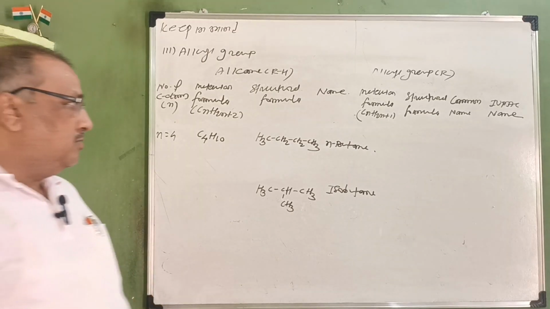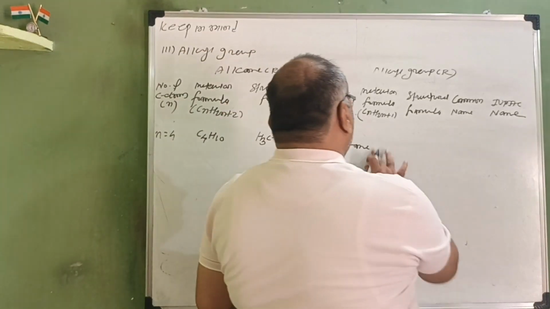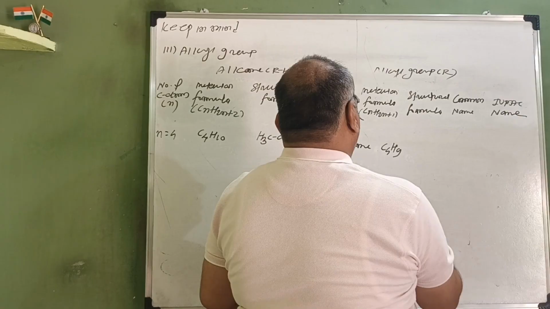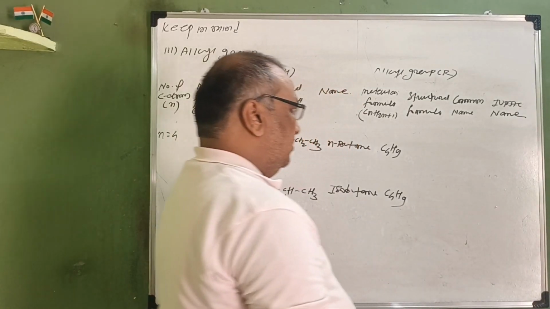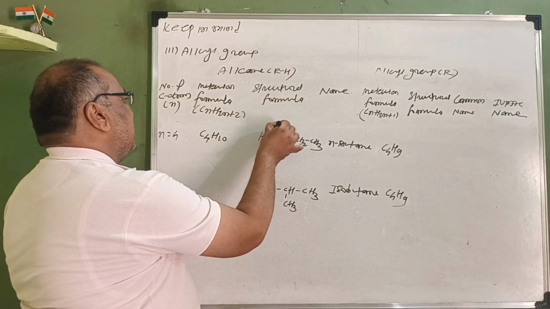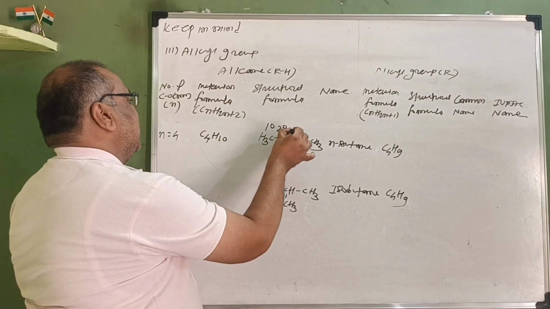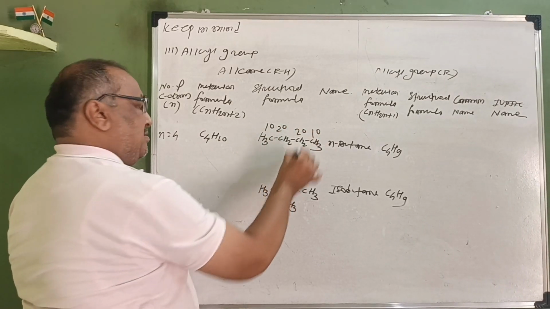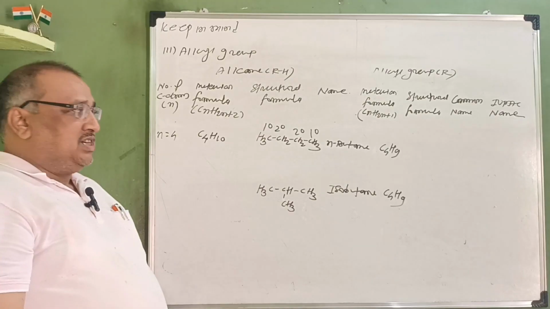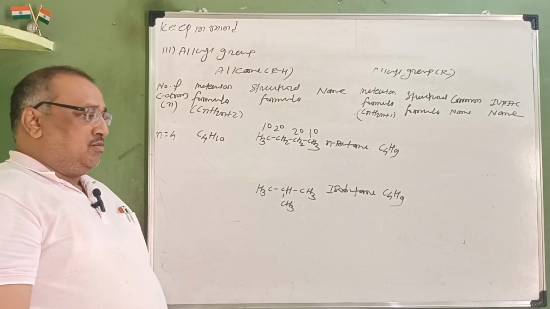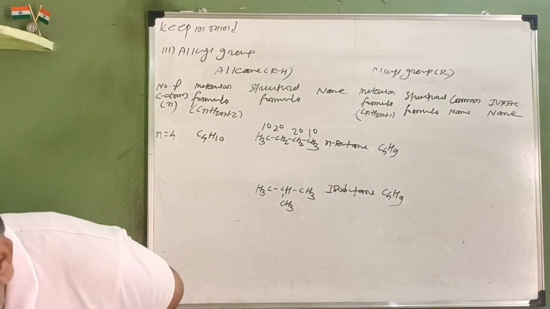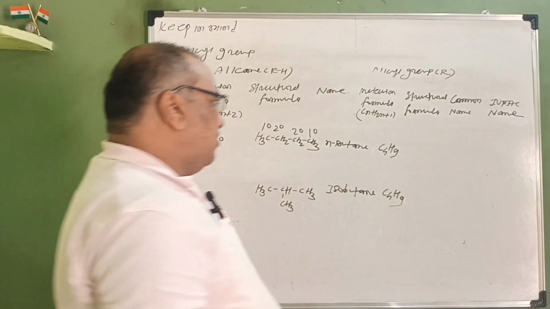Now here write down C4H9 and here also C4H9. n-butane has two types of carbon, primary and secondary. That means n-butane has two choices to remove the hydrogen atom: you can remove the hydrogen atom from primary carbon or secondary carbon.